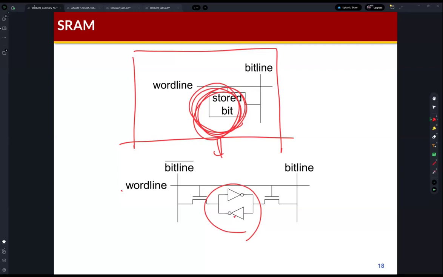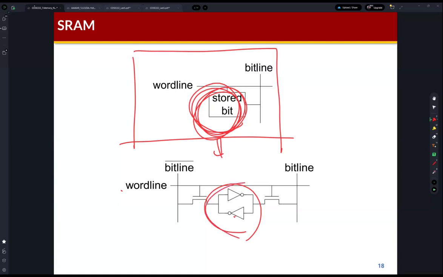We can implement the CPU, right, using the processor technology or logic technology. And I mentioned that CPU is very fast compared to the memory. So it means that the performance of logic technology, semiconductor technology, is very fast.